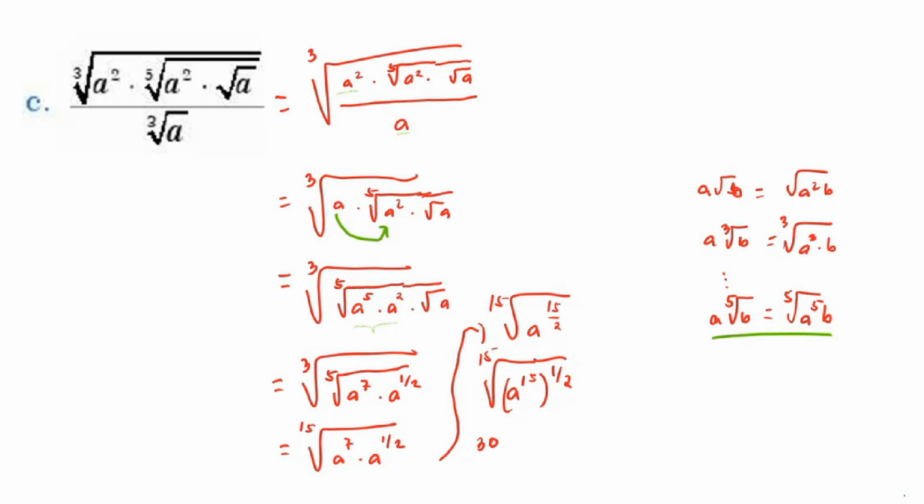We have the 30th root of a raised to 15, or that can be written now as a raised to 15 over 30, or that is now a raised to 1 half. Or the answer now will be the square root of a. And that's the final answer.